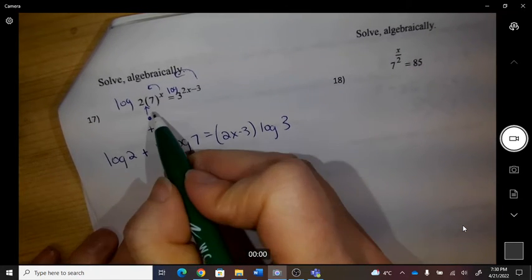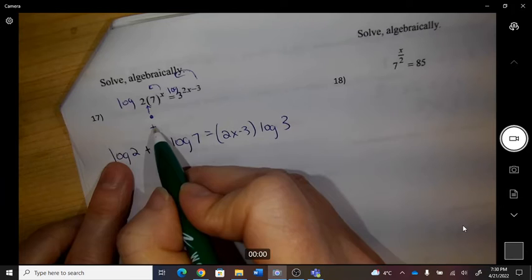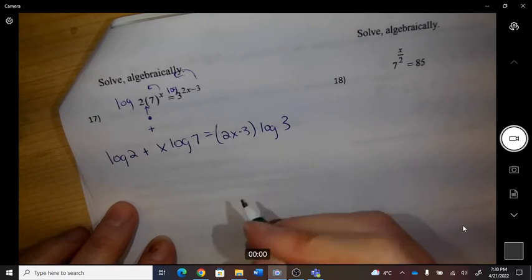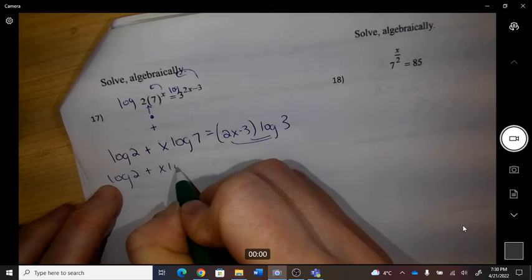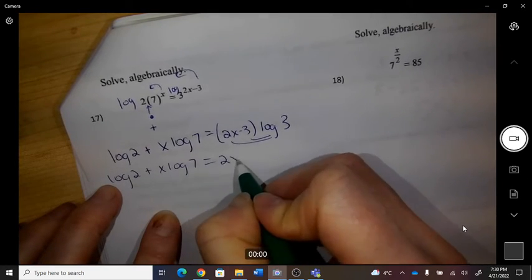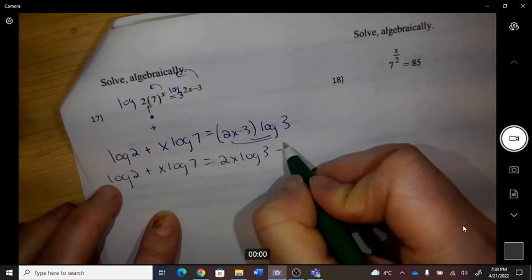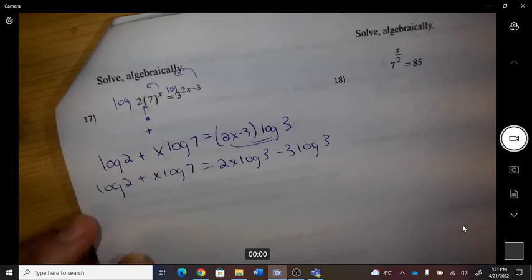Okay, so these two things are multiplied together, so they added. Now I'm going to distribute. So 2x log 3 minus 3 log 3.